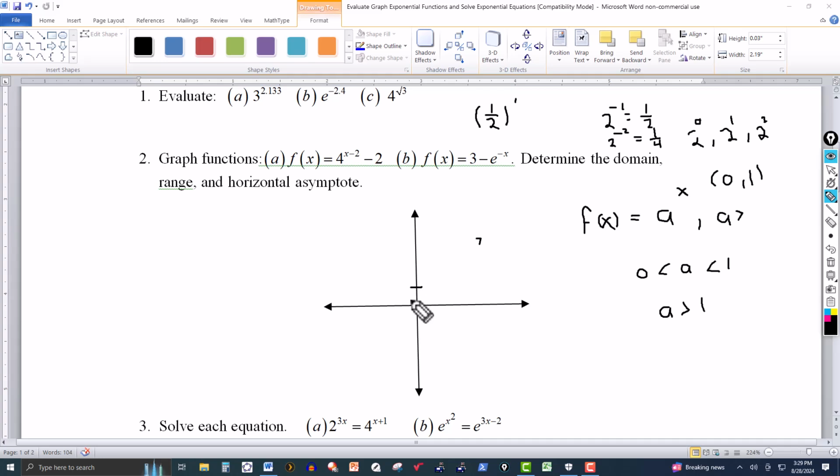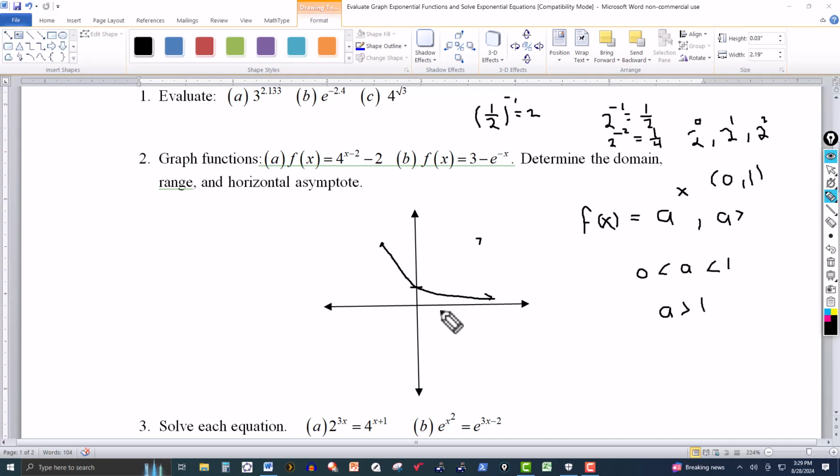So as we go through the positive numbers, the graph is going to come down. And for the negative numbers, if I make this a negative 1, this will be 2. If I make that a negative 2, this will be 4. So on the negative values, it rises. That's what the graph looks like.